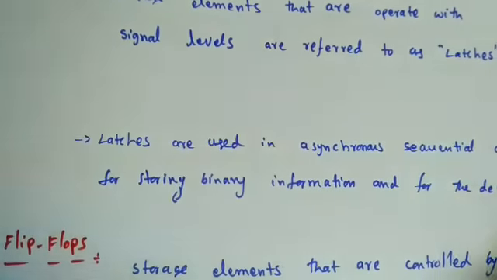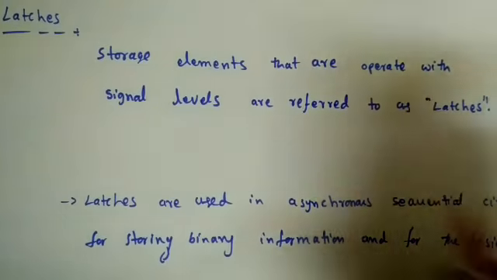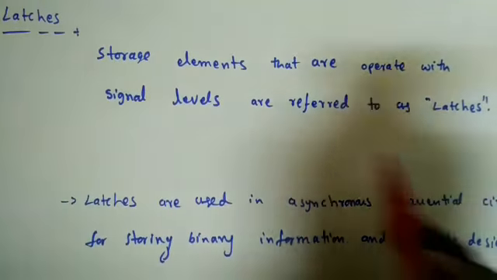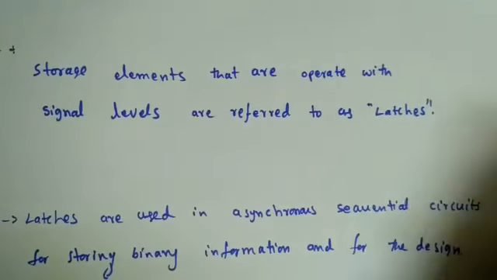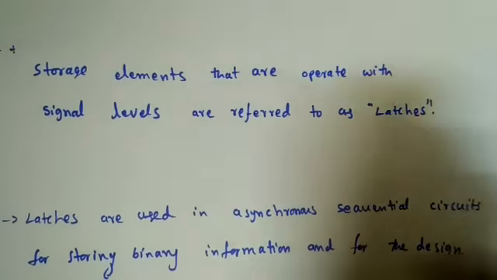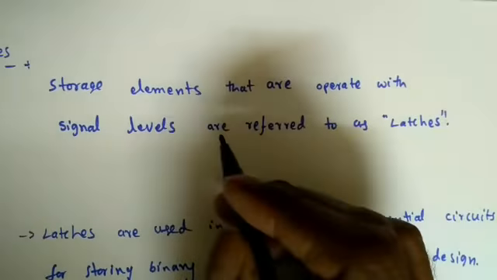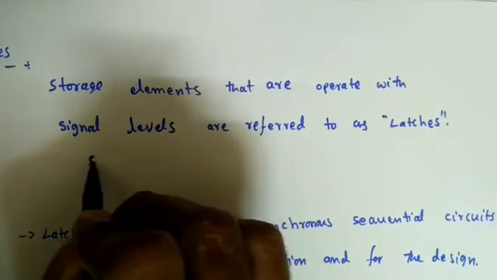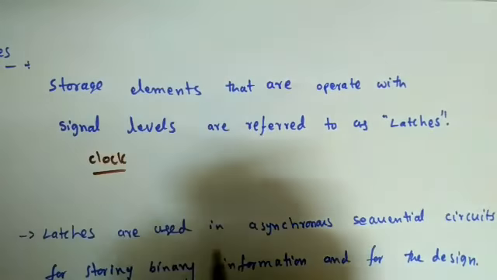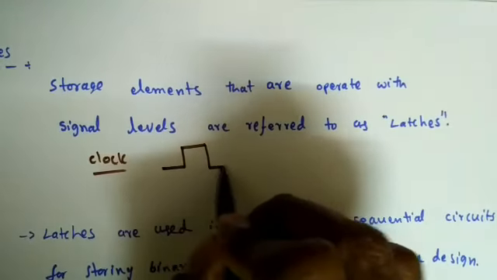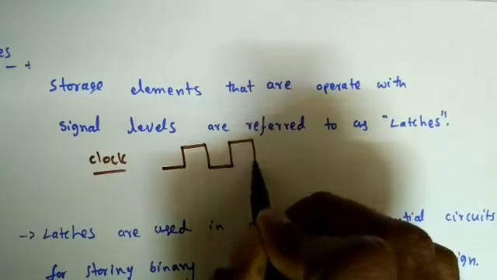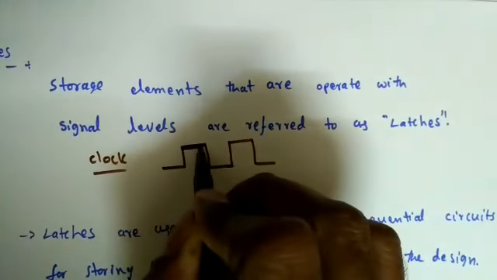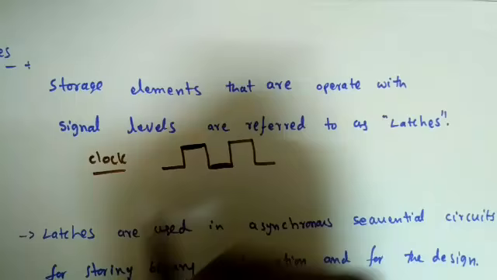These latches are storage elements, but they operate with signal levels. Suppose I have some clock like this. This clock will have some levels. This is called the high level and this is called the low level.